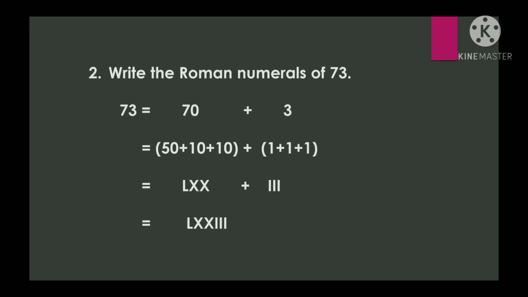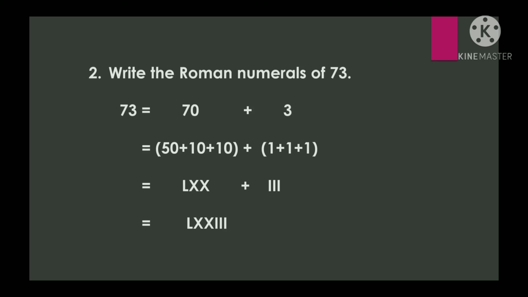Example 2. Write the Roman numeral of 73. So again here we have to expand first. So after expanding 73 we get 70 plus 3. Now students, how we can write 70?